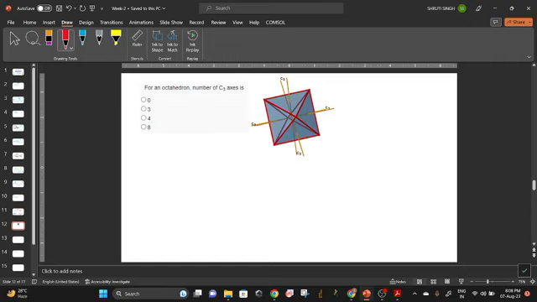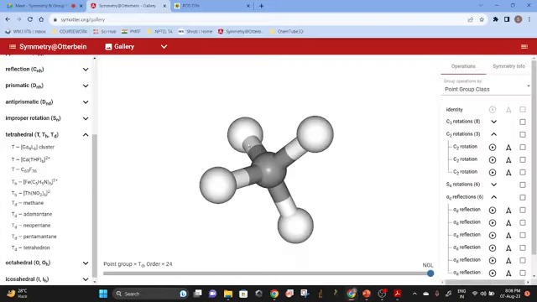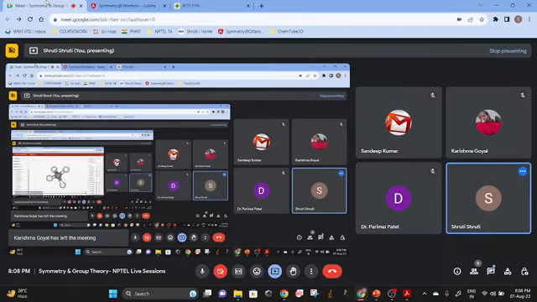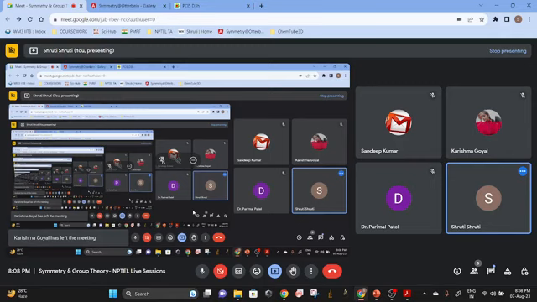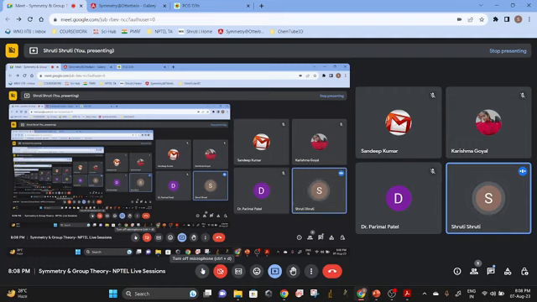Now again, this one is also related to the octahedron, number of C3 axes. So I want you to figure it out. I'll take a 2-minute break, and I want you to do that question by the time I am back.